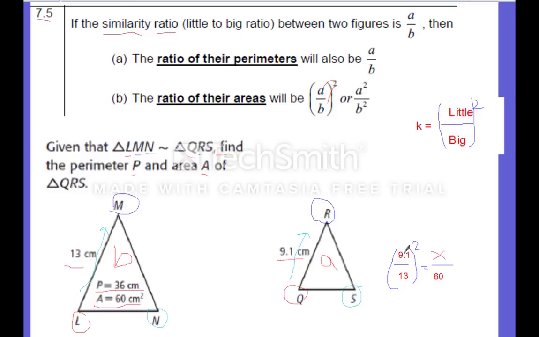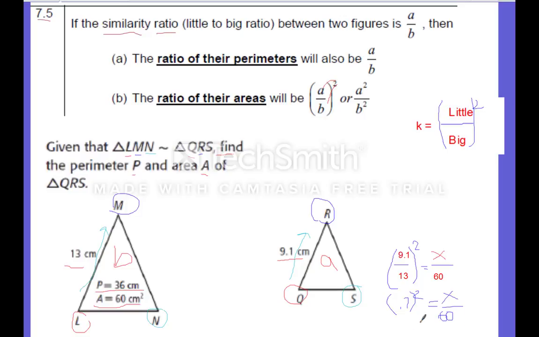So little to big squared equals x over 60. So 9.1 divided by 13 is 0.7, and that's squared equals x over 60. So I solve for my unknown.